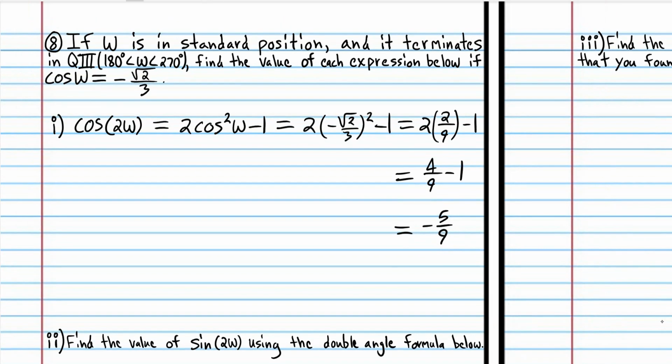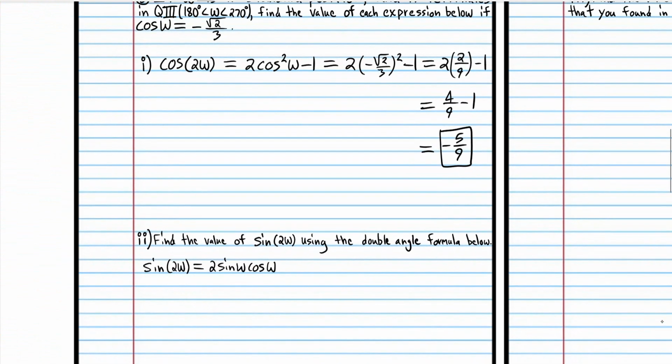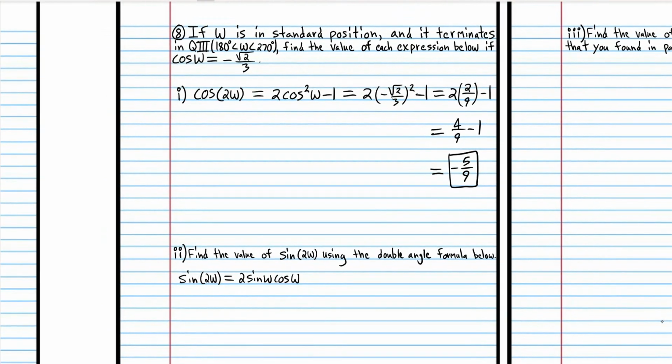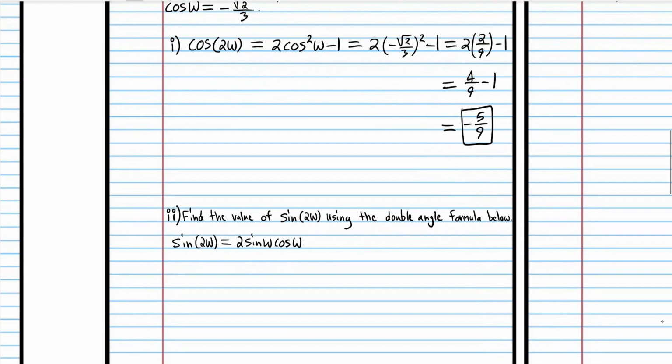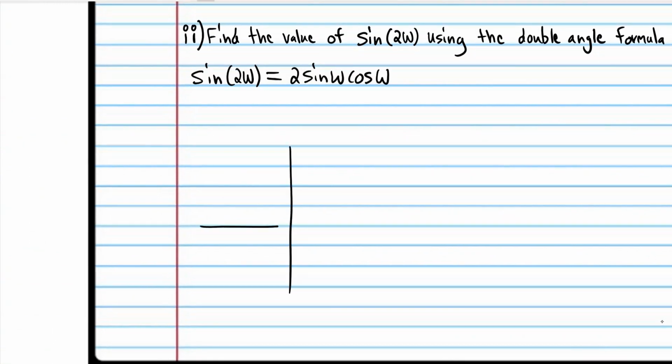So remember, we don't have to worry about getting the wrong sign. When you're using the double angle formulas, the formula takes care of all that for you. Okay, so now we're going to find the value of sine 2 omega using the double angle formula, just like we did in the previous problem. Now they tell us that omega terminates in quadrant 3, so that's down here.